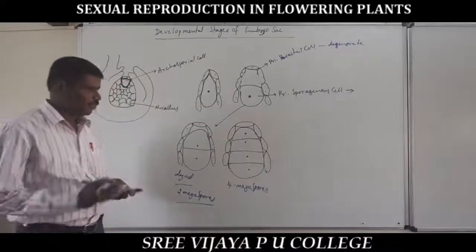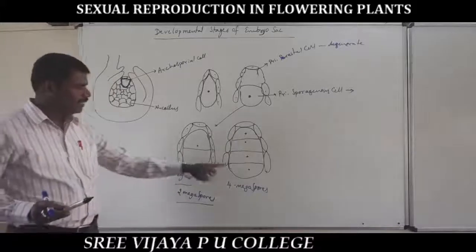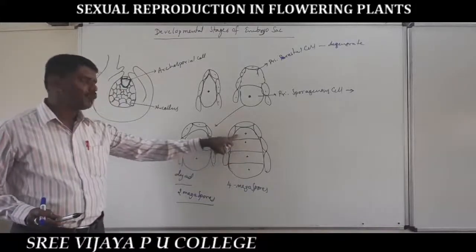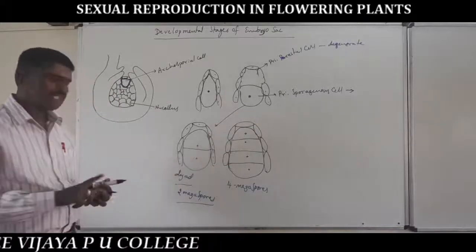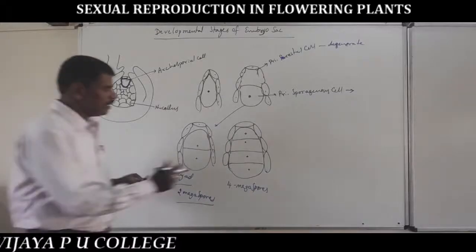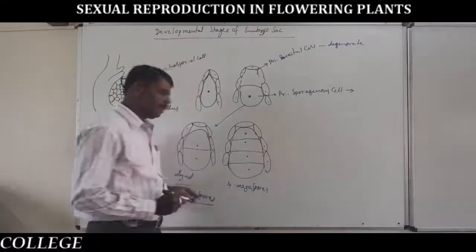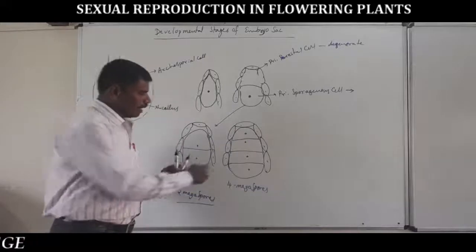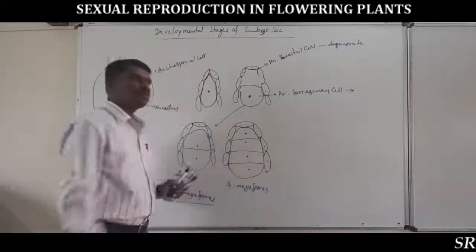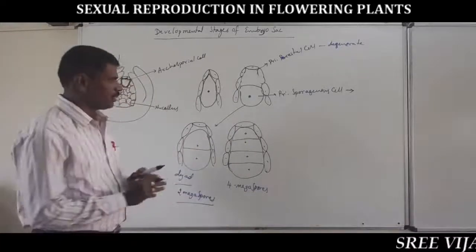These 4 megaspores present in the nucellus are arranged in various ways.